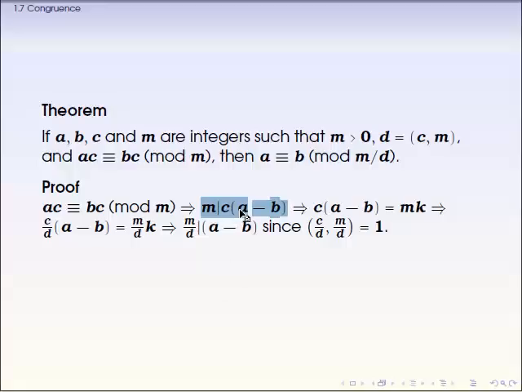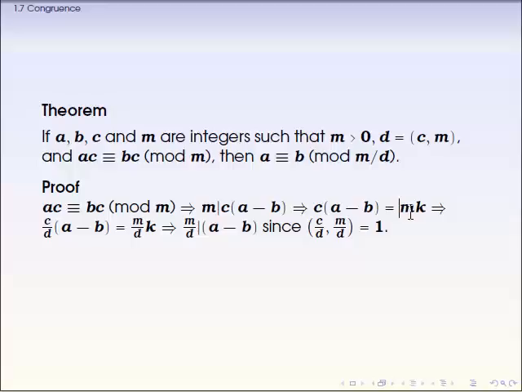The meaning of this is that c times (a minus b), or ac minus bc, can be written as m times k for a certain integer k. So k is just fixed by the conditions on a, b, c, and m. Anyway, c times (a minus b) is a multiple of m.